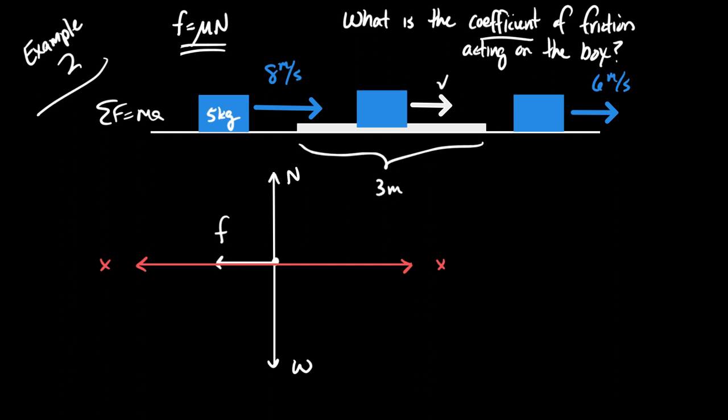Now, this choice doesn't affect your answer as long as you're consistent. Let me tell you what the differences are. If I make to the right positive, that's fine. Then when I make my net force in the x direction equals ma, you need to understand that friction is in the negative direction.